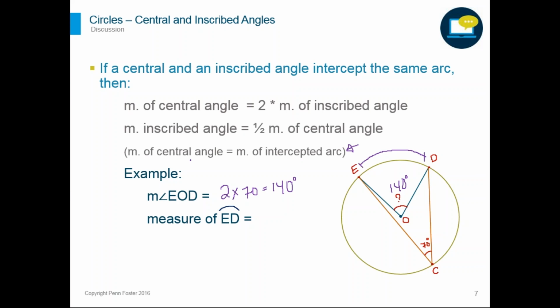So the measure of the central angle equals the measure of the intercepted arc. So since I know that the central angle here measures 140 degrees, that tells me that the measure, not the length, the measure of the arc ED is also 140 degrees. That's it.